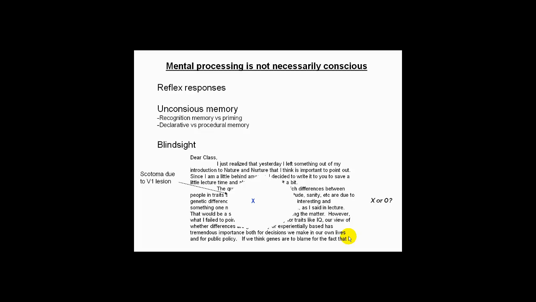But there's another kind of memory, which is called procedural memory. For example, when you learn to play the piano, or even a piece on the piano, that goes into procedural memory.